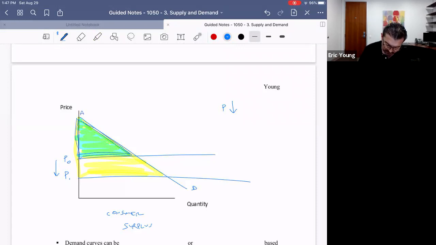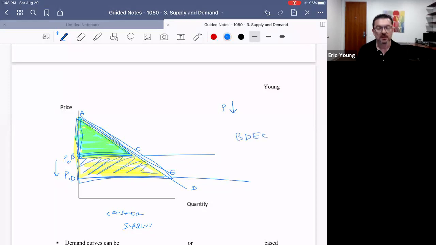We'll just call this A, B, C. You would then figure out the new consumer surplus at the new lower price, which is this one here, which we would call, say, A, D, E. And since the new consumer surplus is ADE and the original was ABC, we would define the gain or the change in consumer surplus as the area BDEC, which is this right here. Pretty easy manipulation of this. So that's what happens if prices go down.